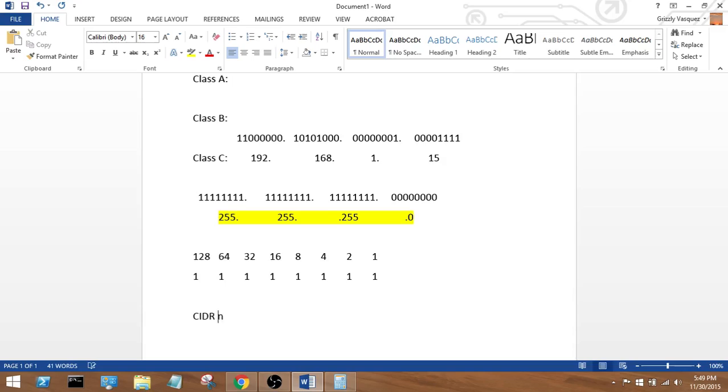CIDR notation, but it stands for classless inter-domain routing. That's what it stands for, classless inter-domain routing, and that uses slashes. So you'll see an address.